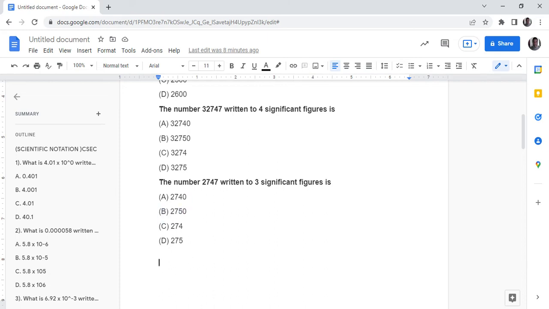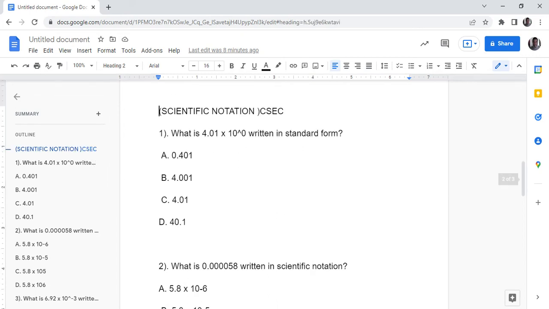Moving down to scientific notation. What is 4.01 times 10 to the exponent 0, written in standard form? Since we have 0 here, the value would not increase or decrease, because there is a 0 as the exponent.